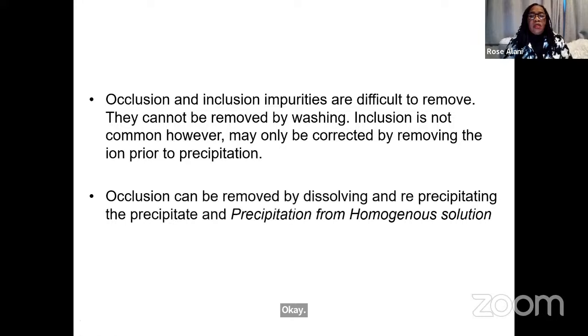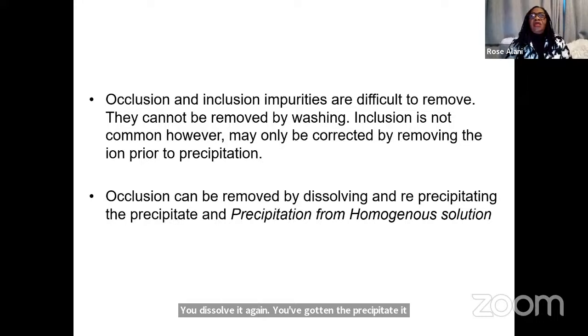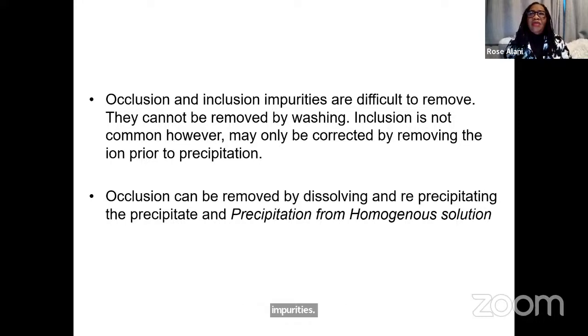So occlusion can be removed by dissolving and then re-precipitating the precipitate. You dissolve it again, you've gotten the precipitate, and then you suspect impurities. Perhaps you weigh it and you see it's bigger than what you're supposed to have.